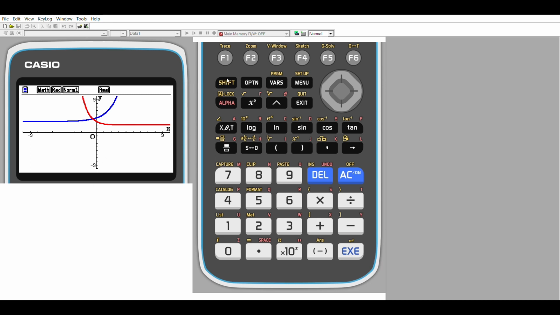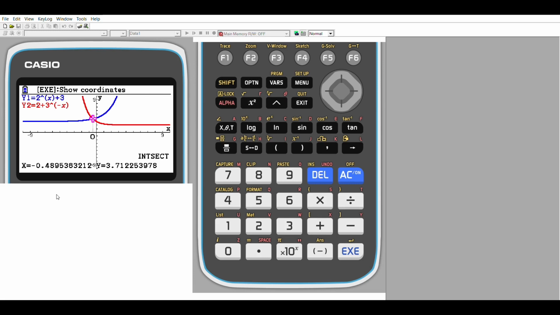So we go to Shift G-Solve, F5, and intersect, which is F5 again. And there you have the solution of the equation, where we only keep the x value. Let me write that down. x equals negative 0.490, right?